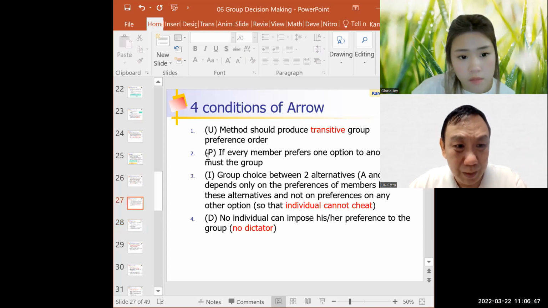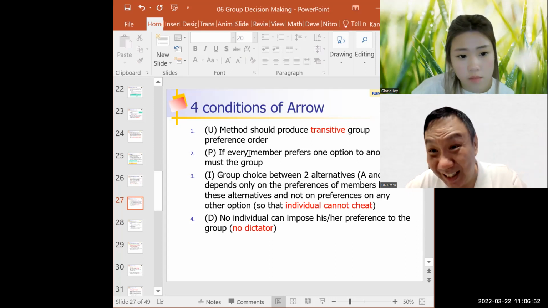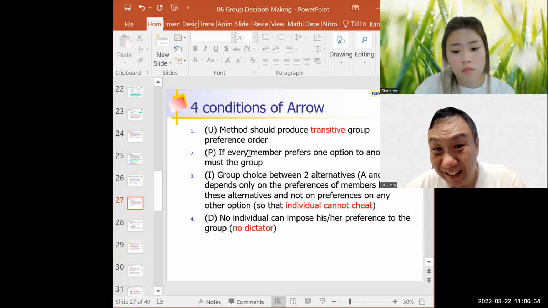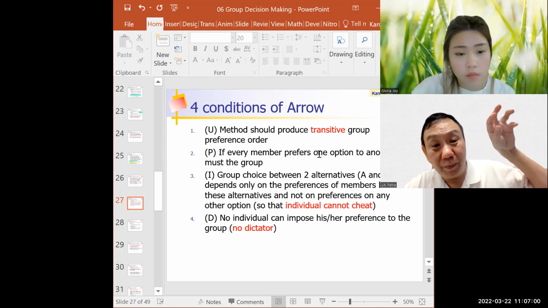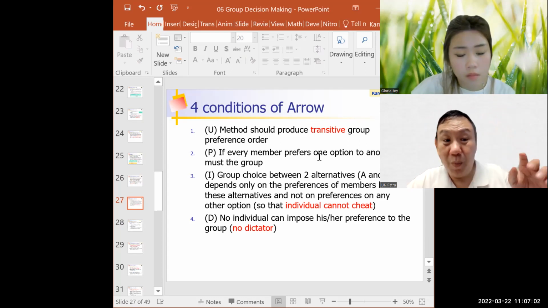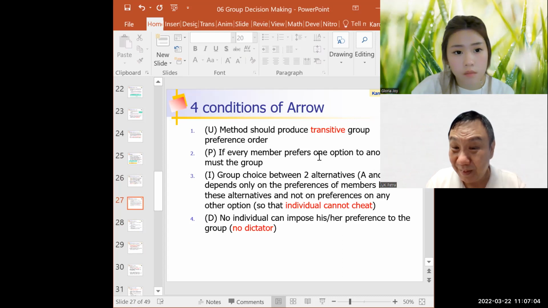The second is P. P means Pareto. Pareto means consensus. If every member in the group prefers one option over another, so must the group, correct?